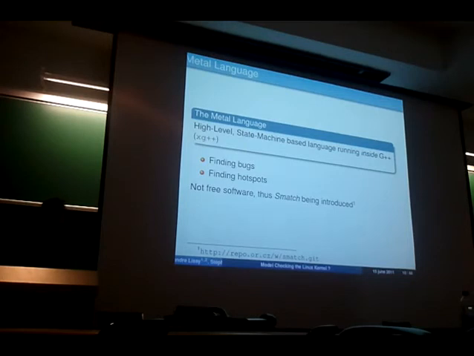And so after a couple of years, someone working on free software started a project called Smatch, which is still being maintained, and which tries to implement what has been done in this tool, but not as a G++ plugin.